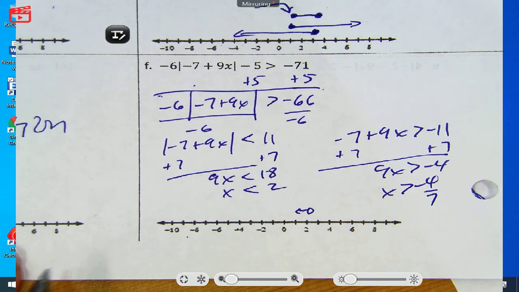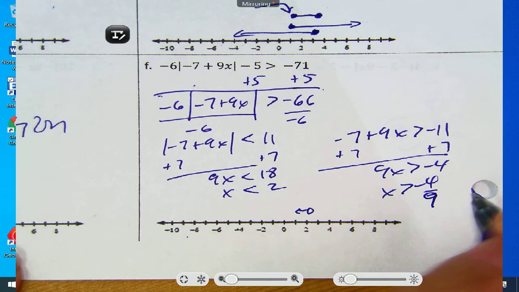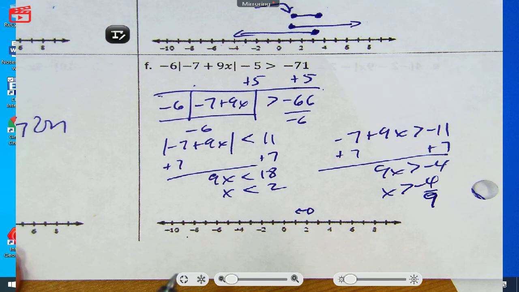What is the 7 underneath -4? Because I made a mistake. What should it be? 9. I make mistakes. All right, so that's -4/9. So where is -4/9?